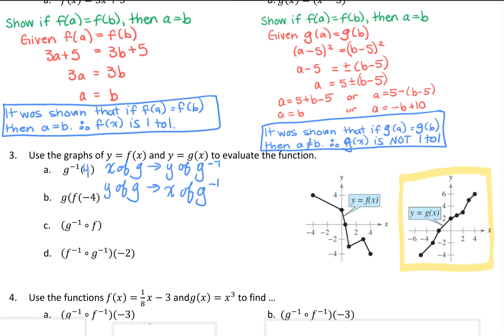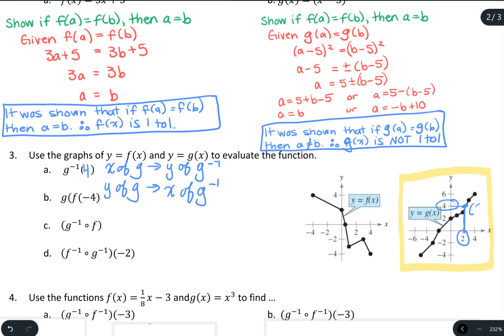Okay, so if I'm looking for g inverse of 4, that 4 is the input of the inverse, but it's the output of g. So that means that the 4 is the y value of g. So if I look on the graph for g and I find the y value of 4, here's my y value of 4 for the g graph, and I'm going to go over and find the value here. And it looks like that y value of 4 is going to give me an x value of 2.